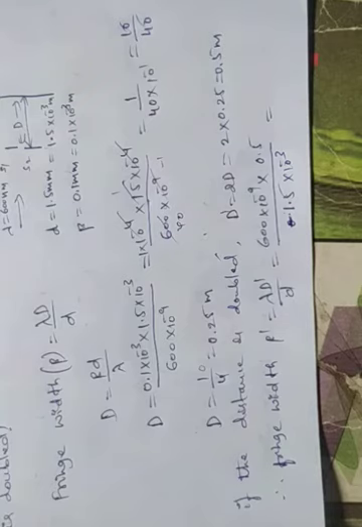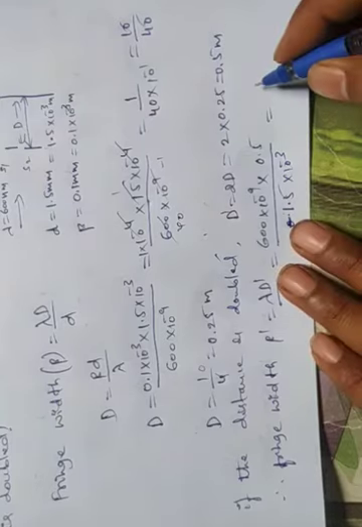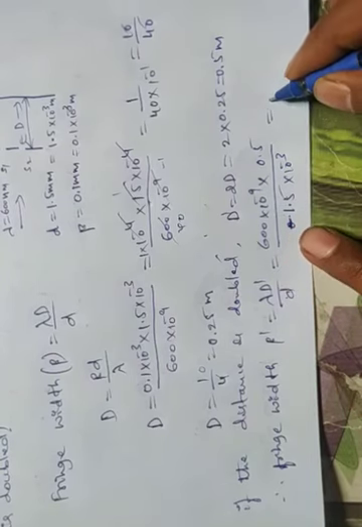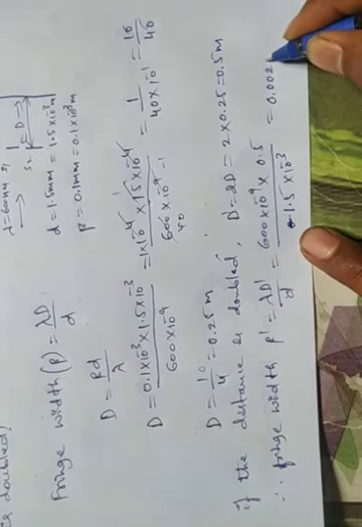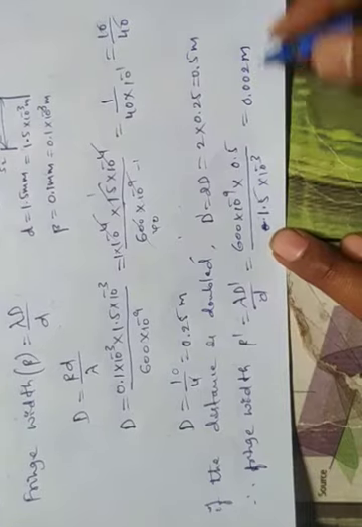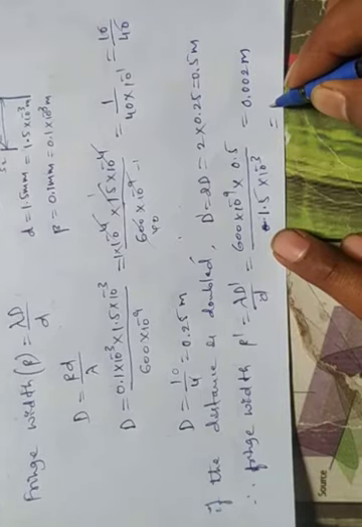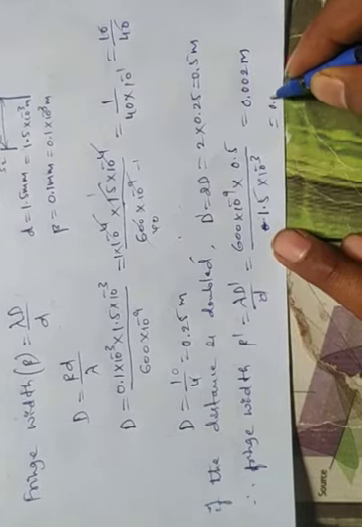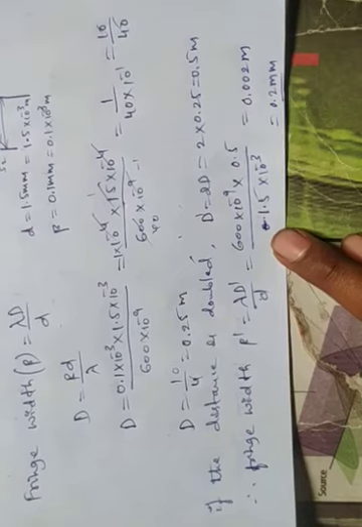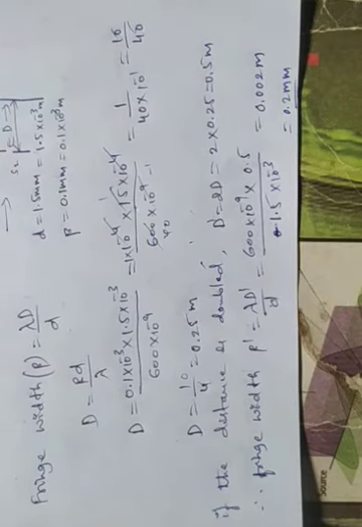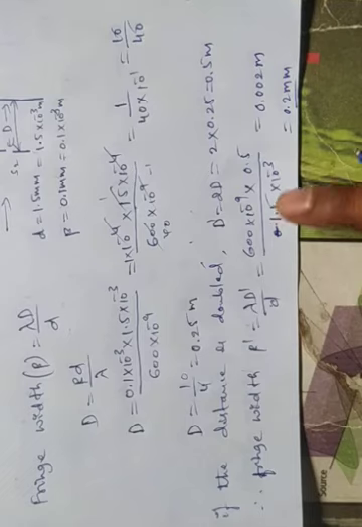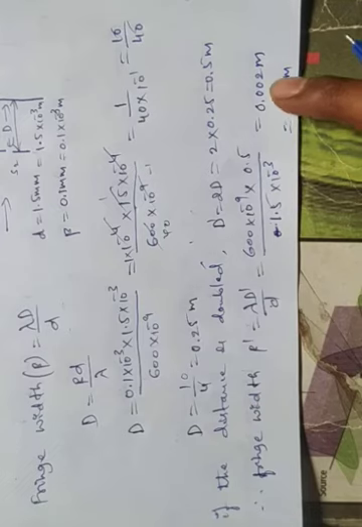So we get the answer as 0.002 meter, which we can also write as 0.2 millimeter. So in terms of millimeter, it becomes 0.2 millimeter. If you do this calculation, you get 0.002 meter, and if you convert into millimeter, we get 0.2 millimeter.